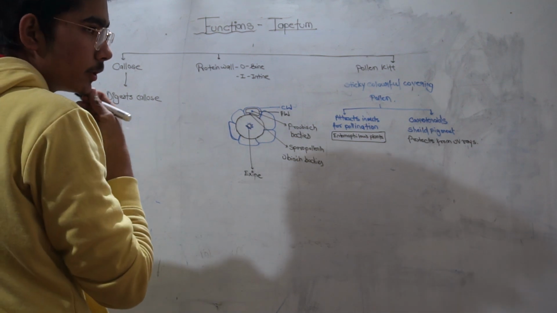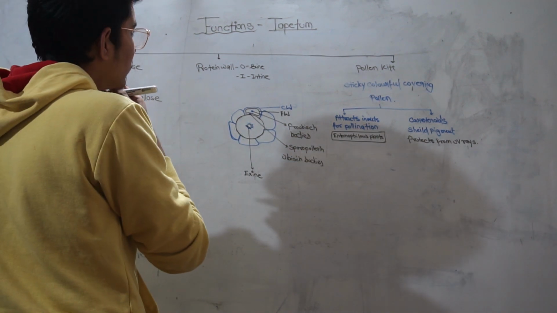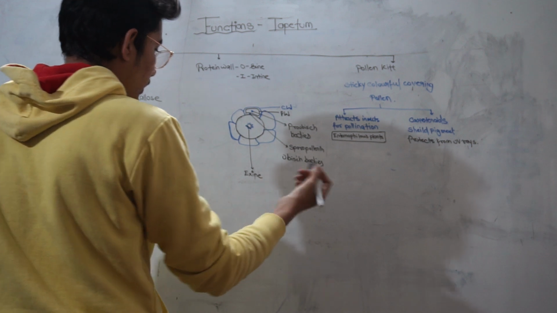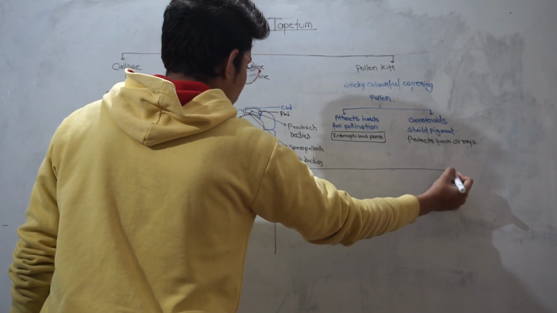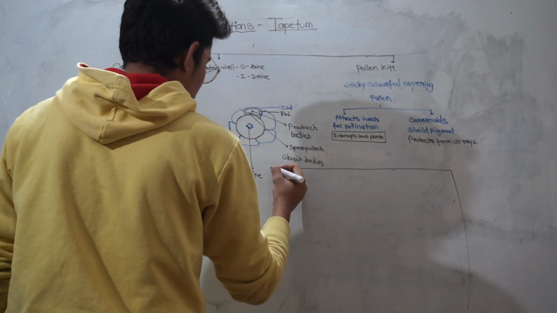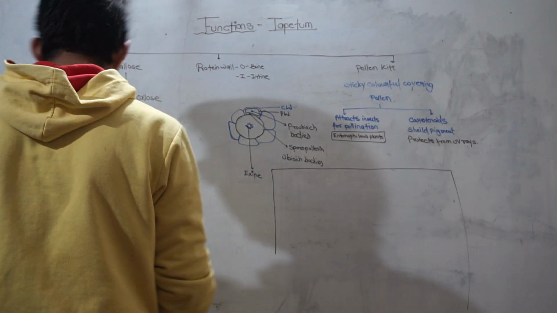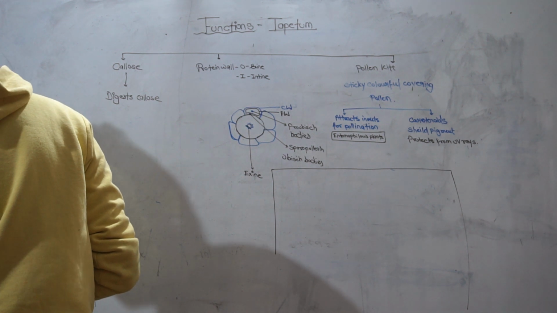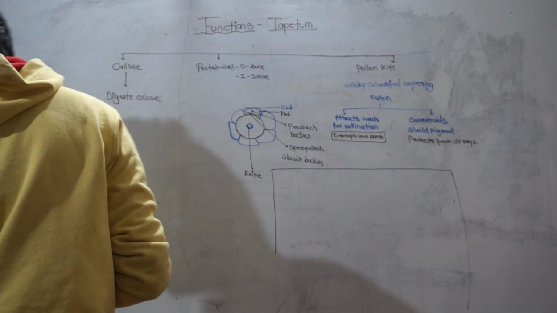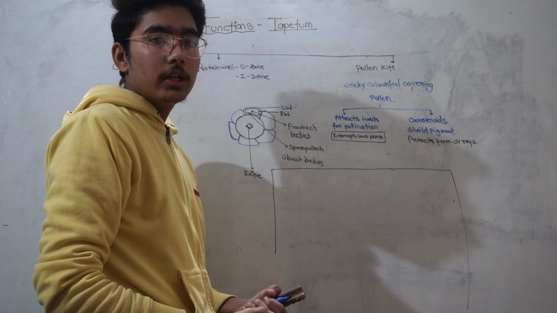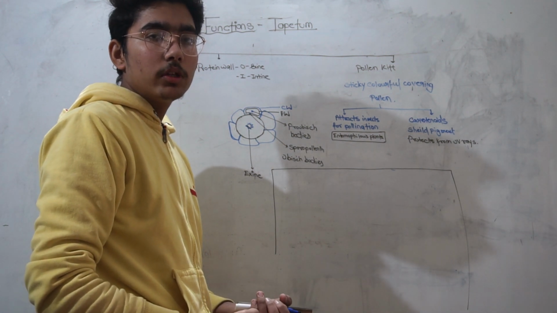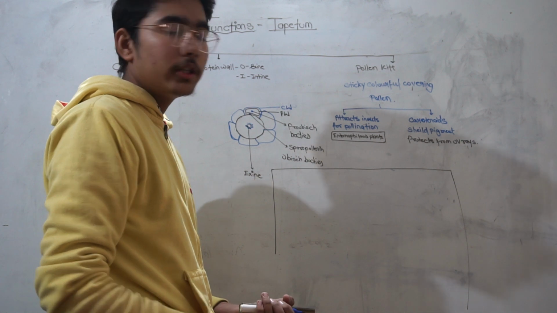Now one more piece of information about the tapetum that I am writing here. The tapetums are fatty in nature, and they become fatty through the polymerization of carotenoid pigment.